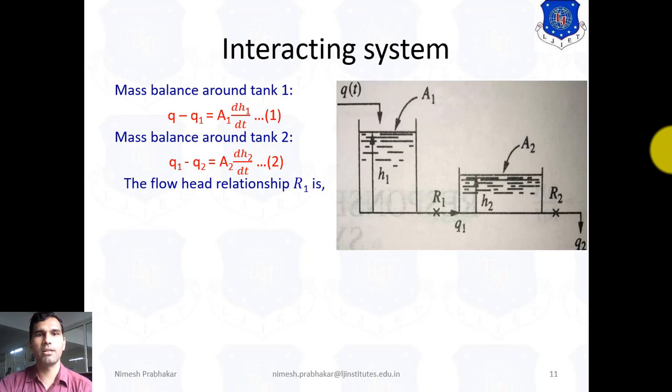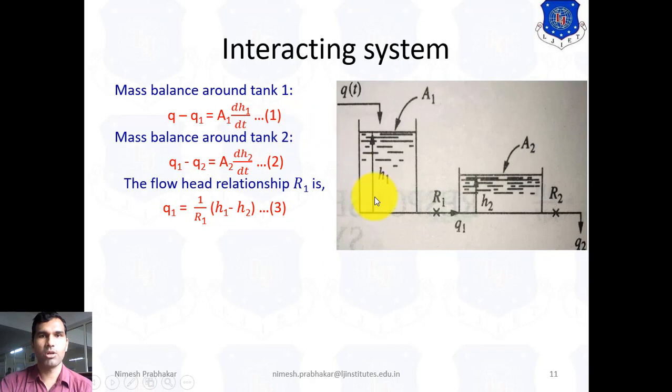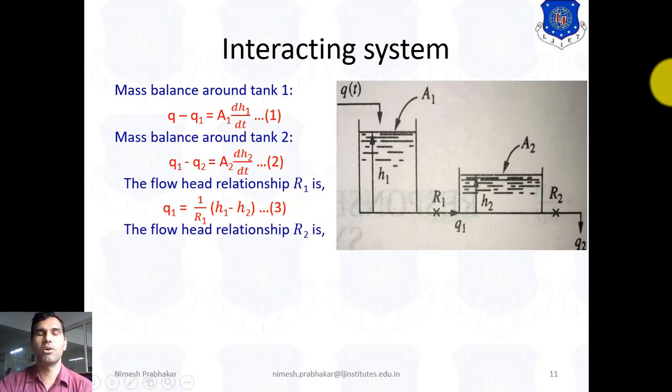The flow-head relationship for R1 is slightly different from the non-interacting system. Here Q1 is the difference H1 minus H2 times 1 upon R1. This is different from the non-interacting system. The flow-head relationship for R2 is Q2 equals H2 upon R2.